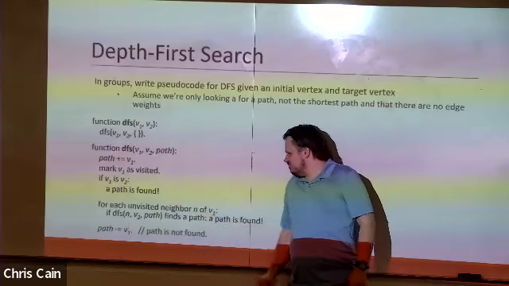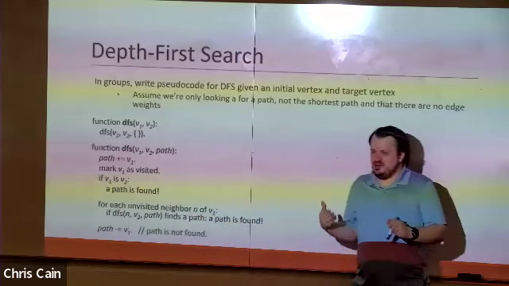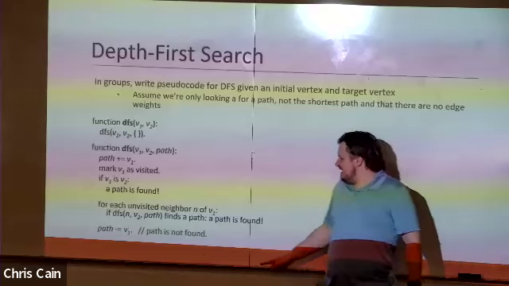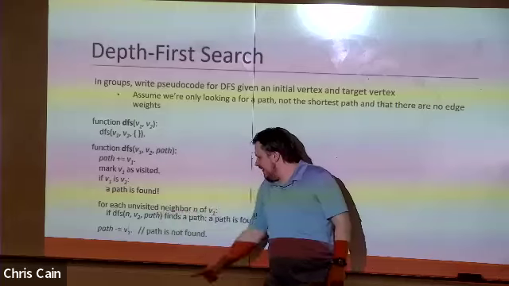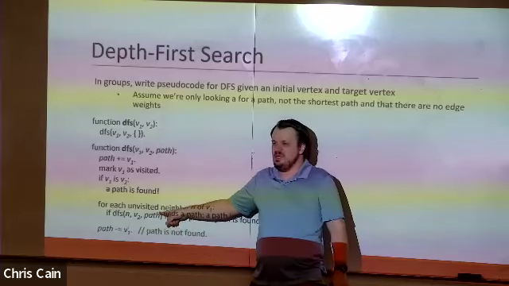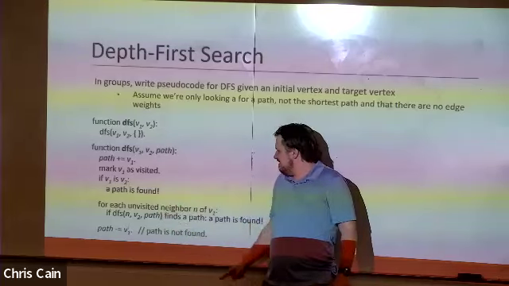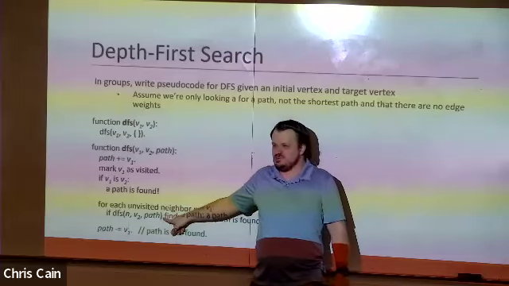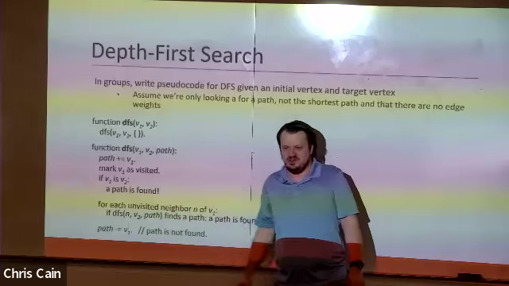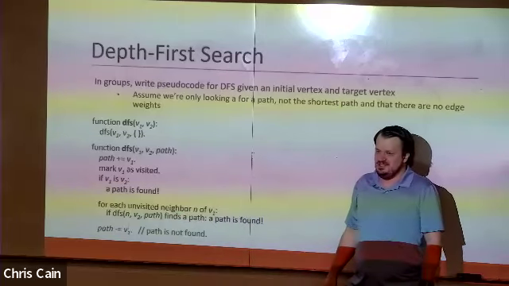So then we explore a new node, and we're going to do that recursively. But note that inside of this, we're going to reach this before we come back to explore the next thing. This is what makes it depth first. We're going to find the first neighbor of the first node, and then the first neighbor of the second node before we consider the second neighbor of the first node.